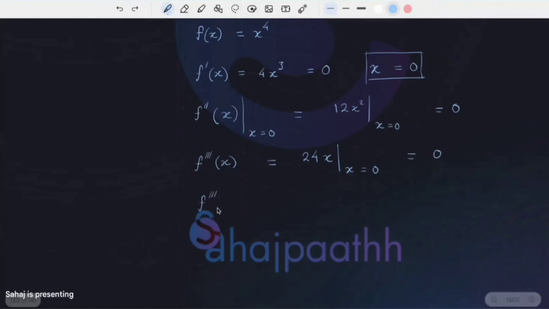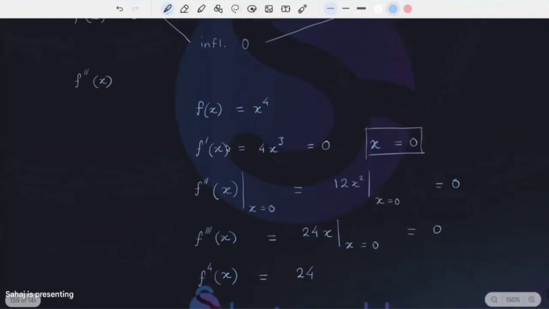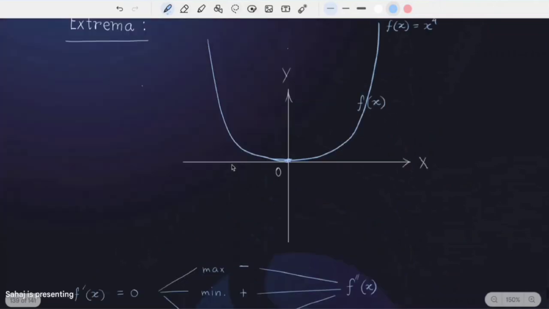Instead of writing dashes, we usually write the number on top. It means the same thing. How much is this? This is 24. So finally we get an answer 24, which means it is a minima point.